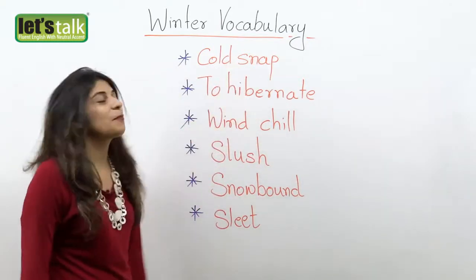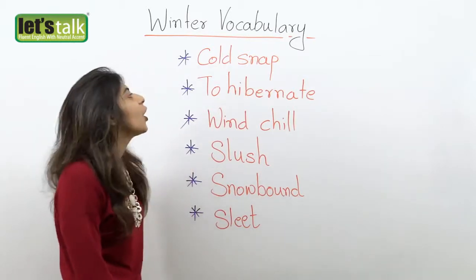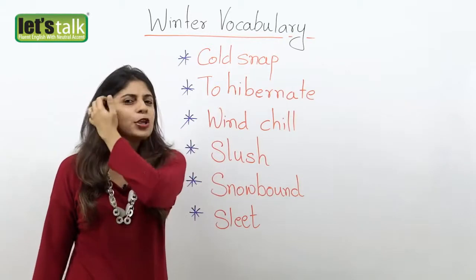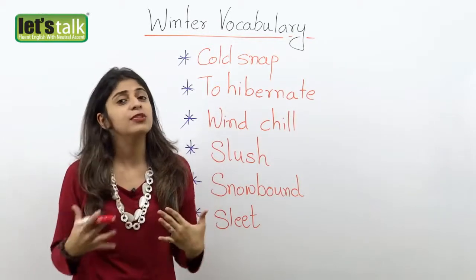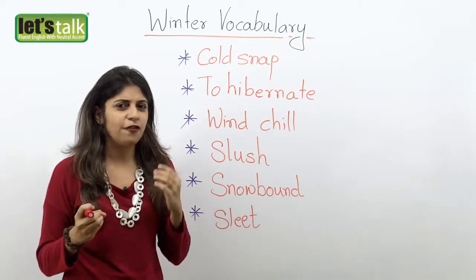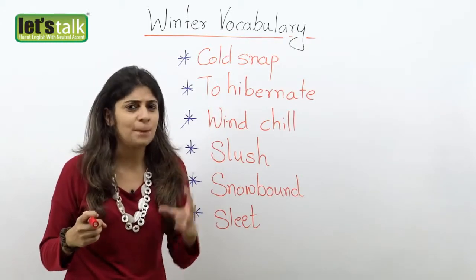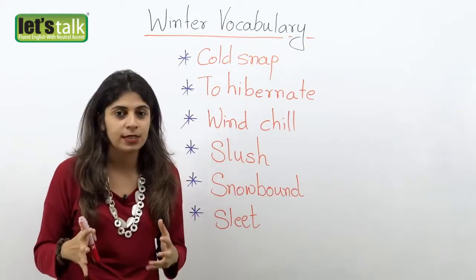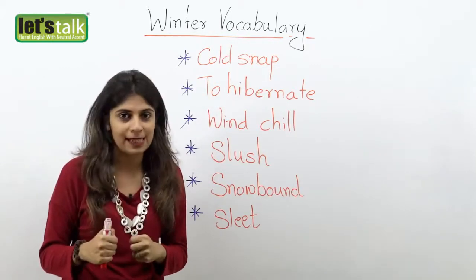The first word that we have over here is a cold snap. What is a cold snap? You know, at times when the weather is really nice and pleasant, but suddenly for a few days or for a short period, the weather gets very cold. It is so chilly outside.